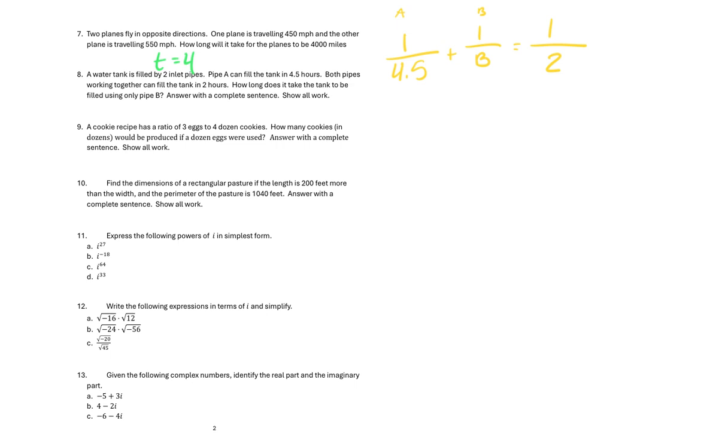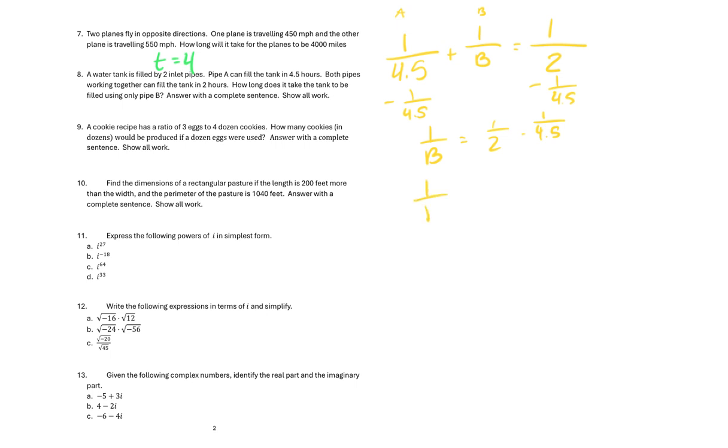Okay, so now we just want to solve this equation for B. So if we subtract 1 over 4.5, we end up getting 1 over B is equal to 1/2 minus 1 over 4.5. And then our common denominator here is going to be 9.